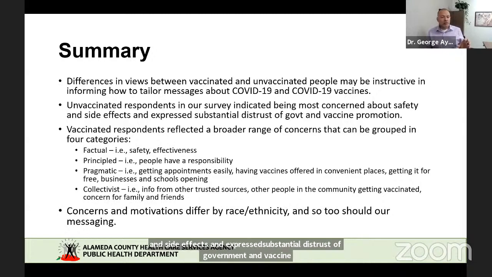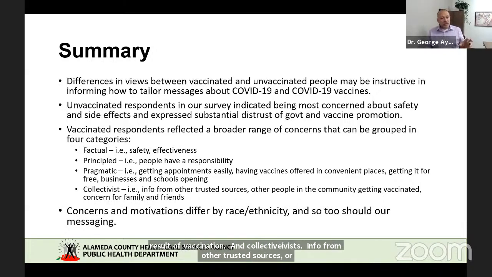Vaccinated respondents reflected a broader range of concerns that can be grouped in 4 main categories: factual, that included safety and effectiveness; principled, including things like people have a responsibility to get vaccinated; pragmatic, getting appointments easily, having vaccines offered in a convenient place, getting it for free, businesses and schools opening as a result of vaccination; and collectivist, info from other trusted sources, other people in community getting vaccinated, and concern for family and friends.